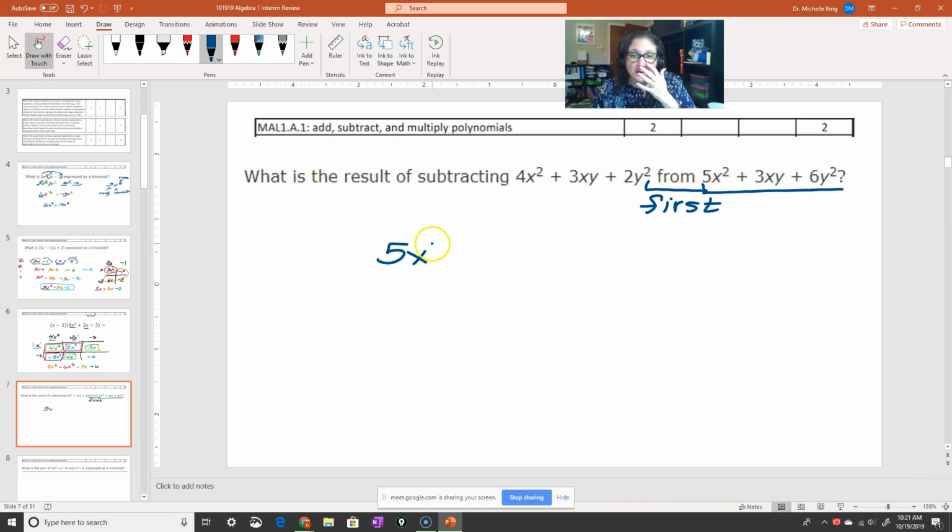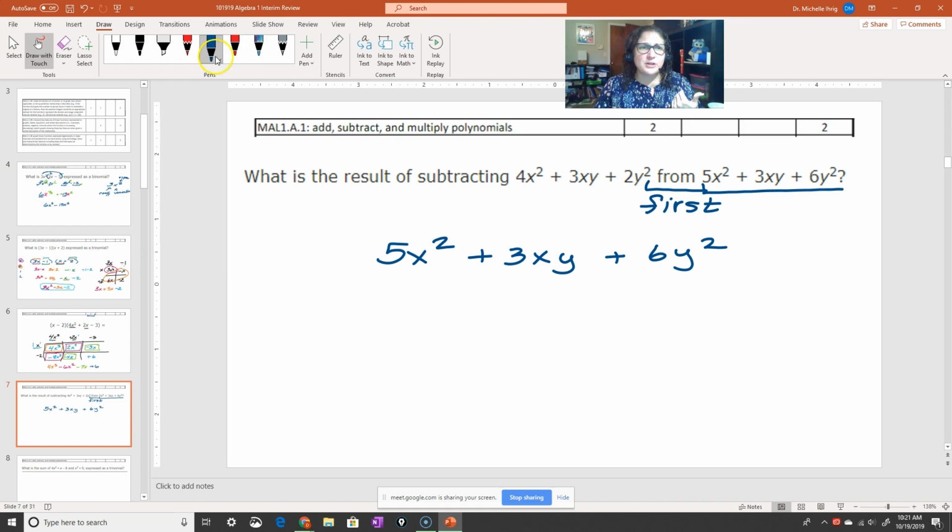So I'm going to write 5x squared plus 3xy plus 6y squared. And I do that because it says, what's 10 from 25? Well, you have to have the 25 to start, and then you take away 10. So what's blah, blah, blah from blah? You put your blah first, from first, and then whatever was actually written first goes on the bottom.